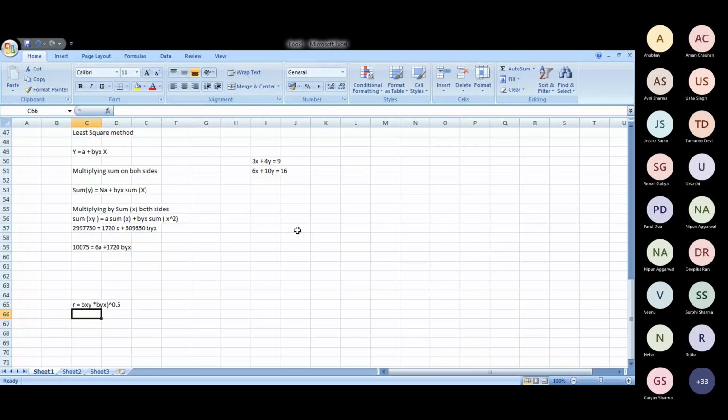So in this particular question, if we want to calculate the value of R, so R is equal to, what will be the value of Bxy we have calculated? So Bxy we have calculated as 0.143149.